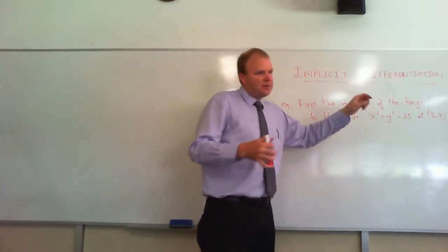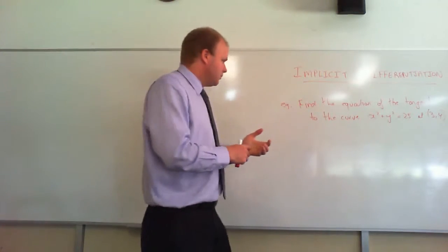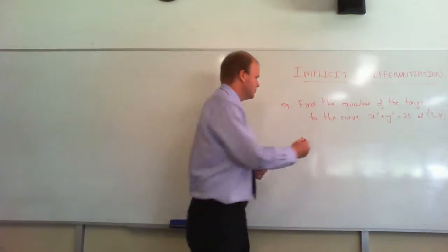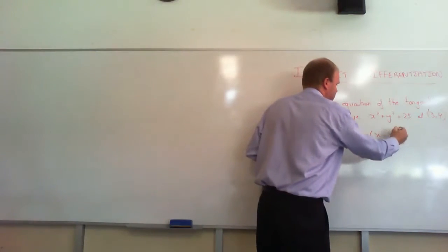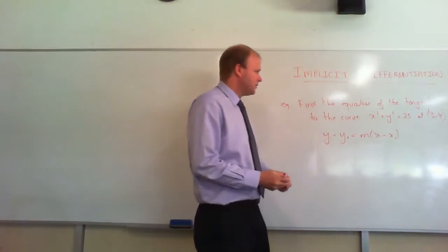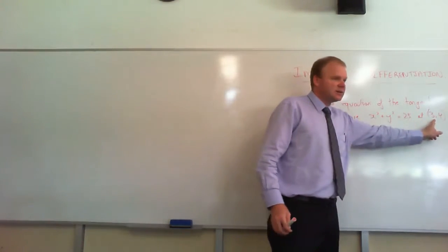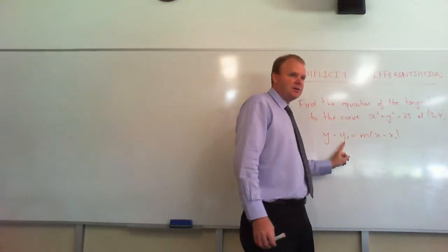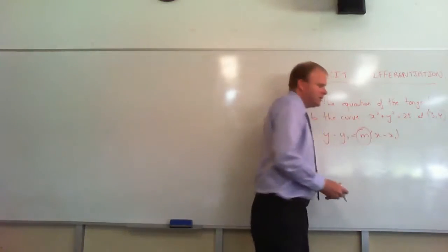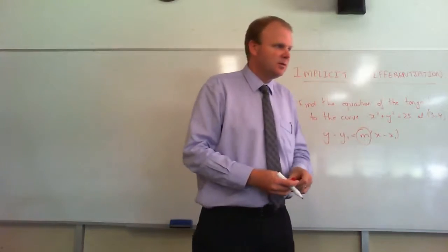We know that to find the equation of a tangent, we use y minus y1 equals m(x minus x1). Well, this question's really convenient because it's given us an x coordinate and a y coordinate. So we already know x1 and y1. The only thing we're left to find is m, the gradient.